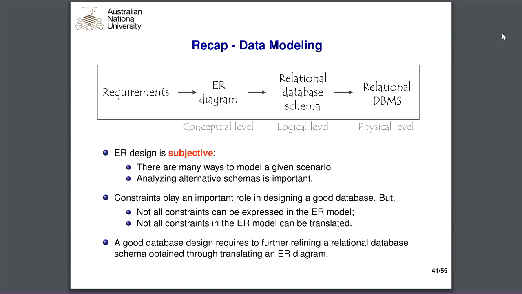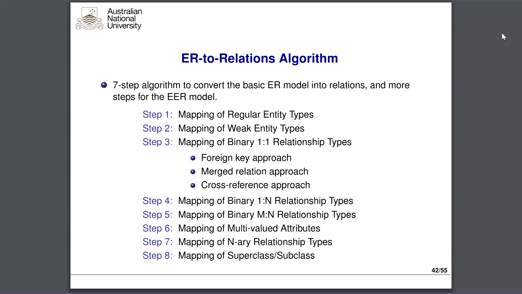Going back to the diagram, you change how you convert that diagram to the tables, and then you get a different efficiency. Now, those are the steps that I previously mentioned, the 7 steps to convert an ER diagram to relations.